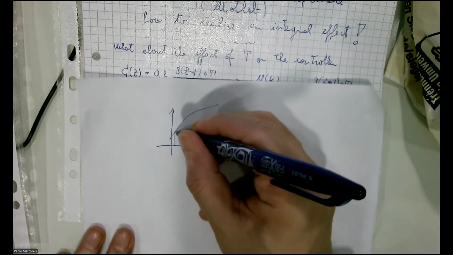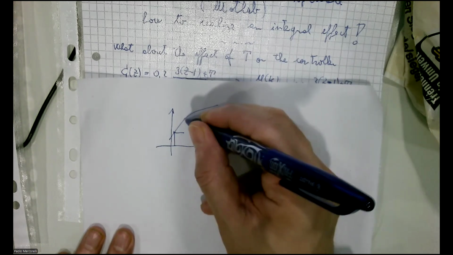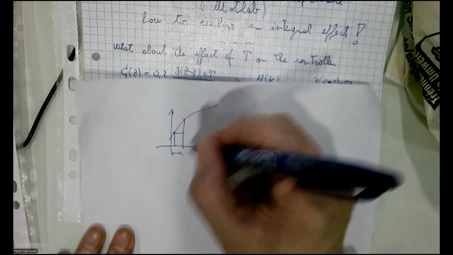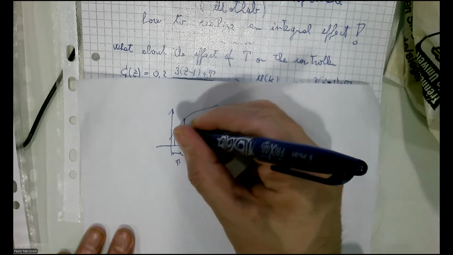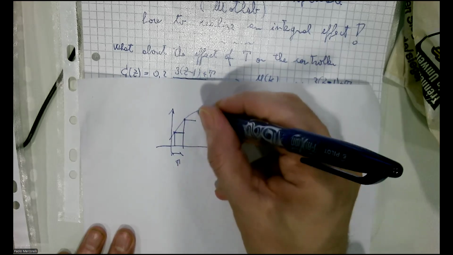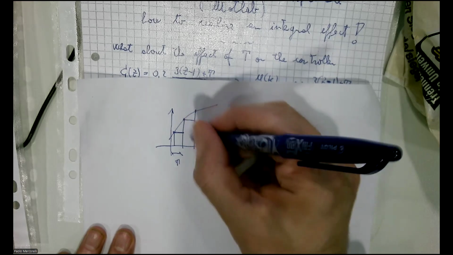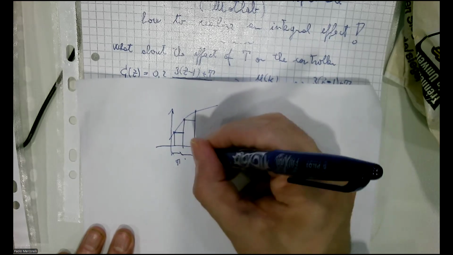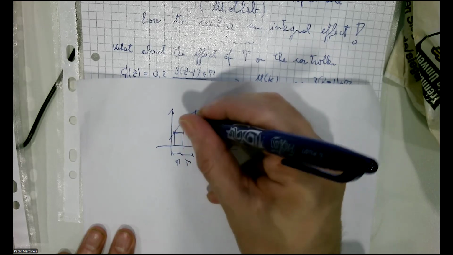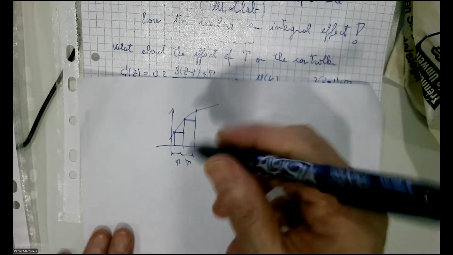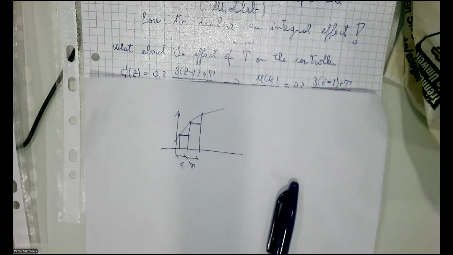Of course, if I consider, you remember this, a large T, I have an approximation which is, again, T, which is this one.